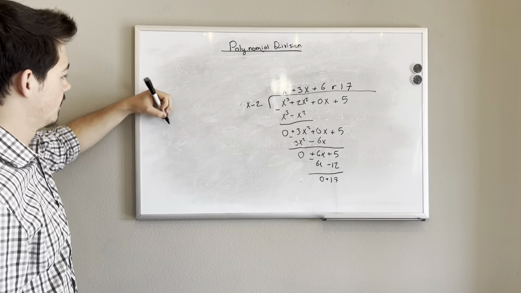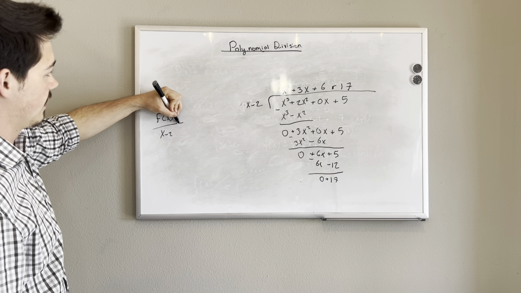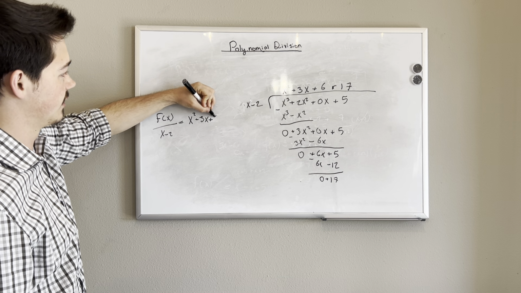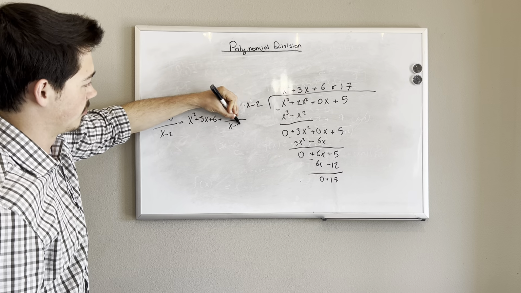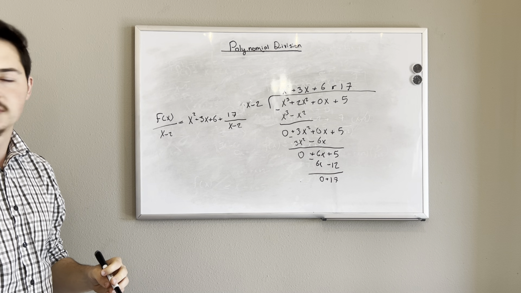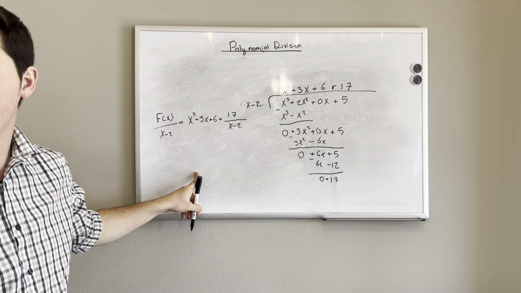Our final answer, f of x over x minus 2 is equal to x squared plus 3x plus 6 plus 17 over x minus 2. And it looks like I might have done something a little weird.